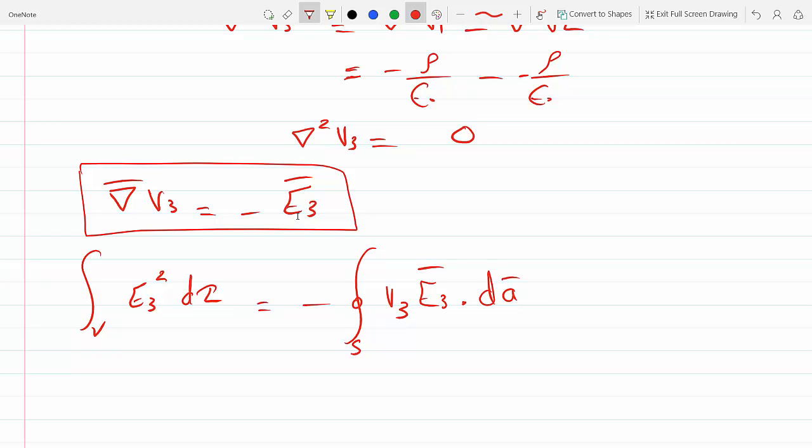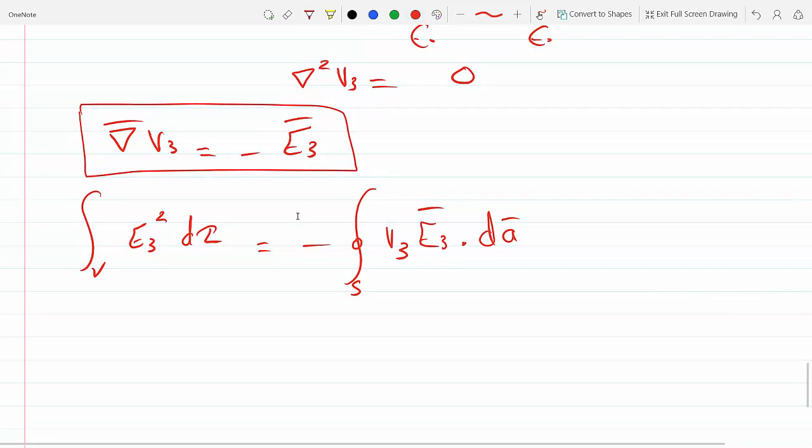Okay, and so this is V3 E3 dot dA. Let's see how we're gonna arrive at the final step now, or a few final steps if there are any. From here on, it should follow the same path, because if you remember, we arrived at the same place last time when we used the first method.